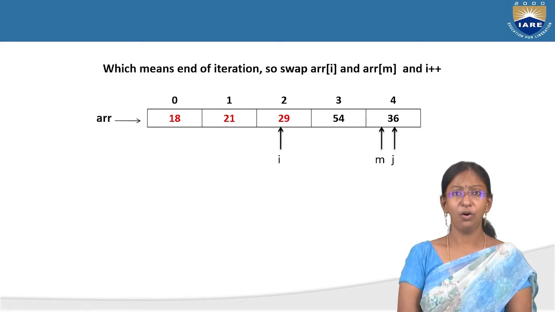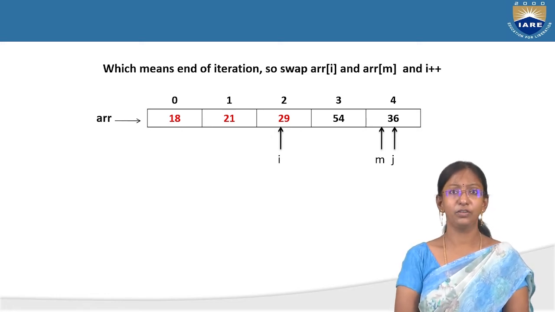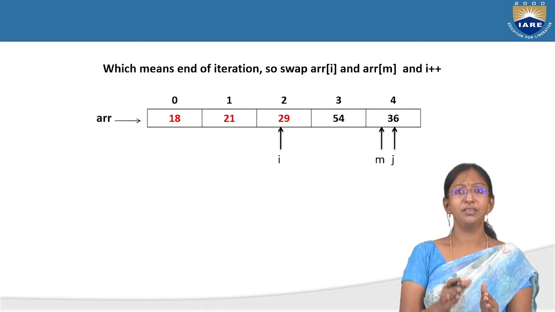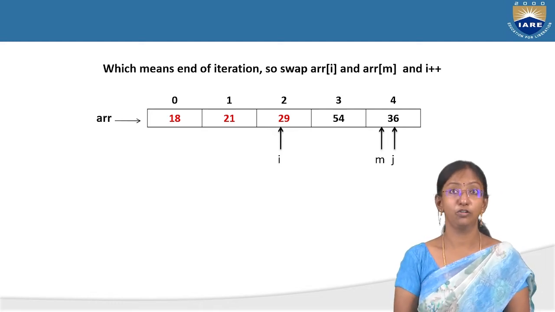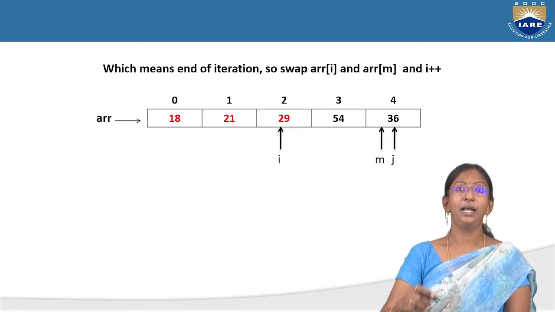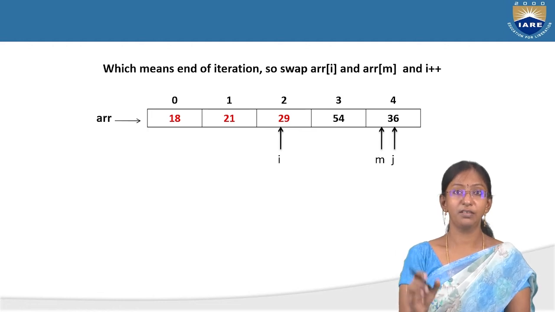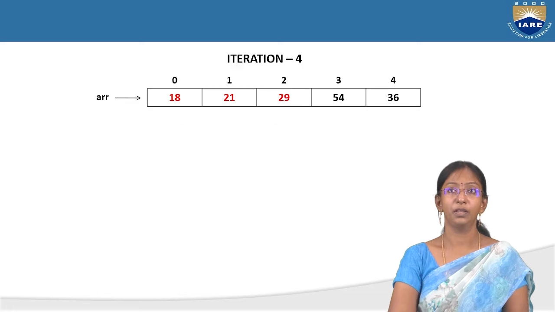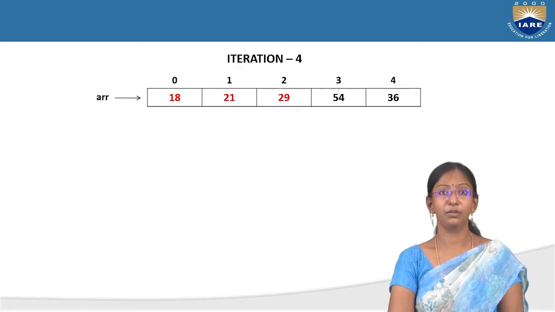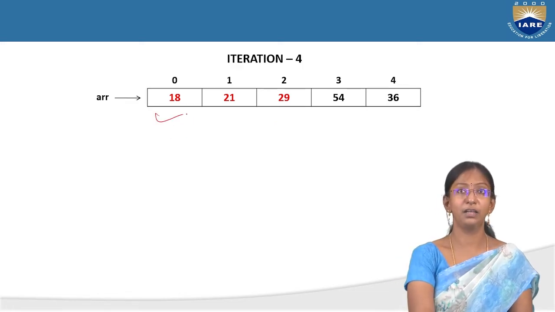By the end of the third iteration, you can see that the first three small elements are sorted, right? And this will be the input for my fourth iteration, where the first three elements are frozen, right?